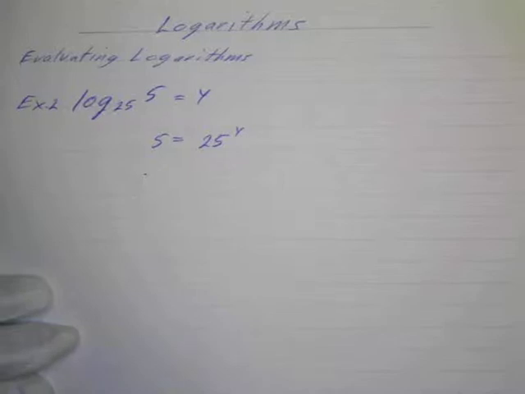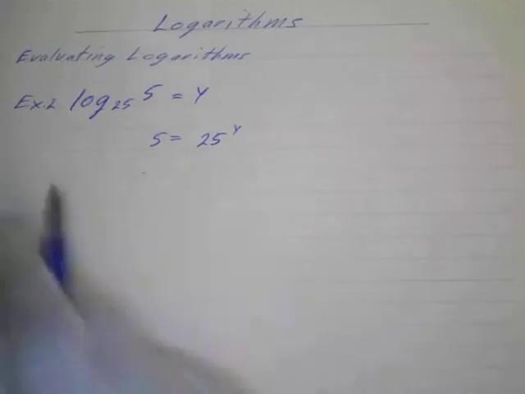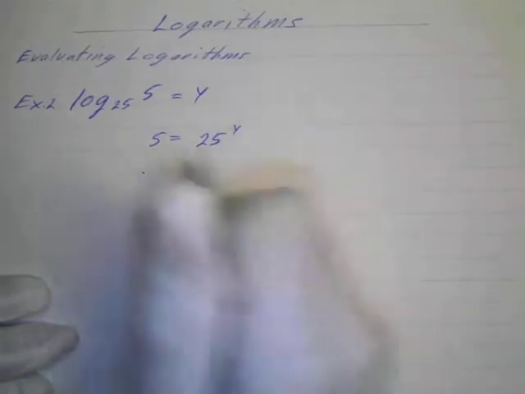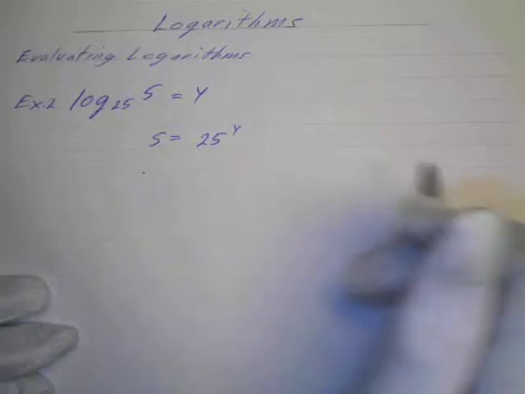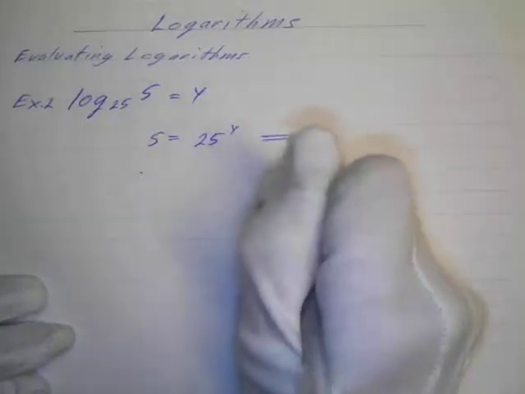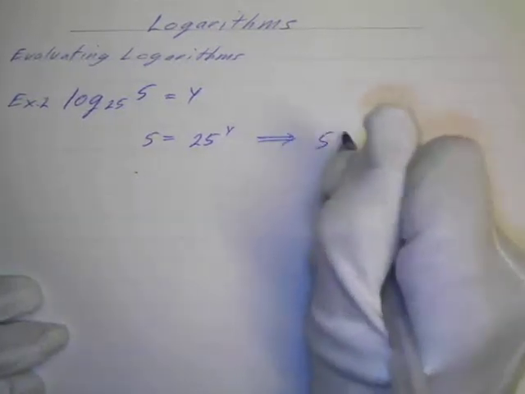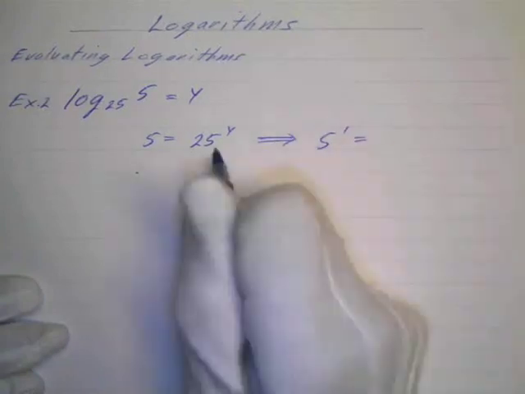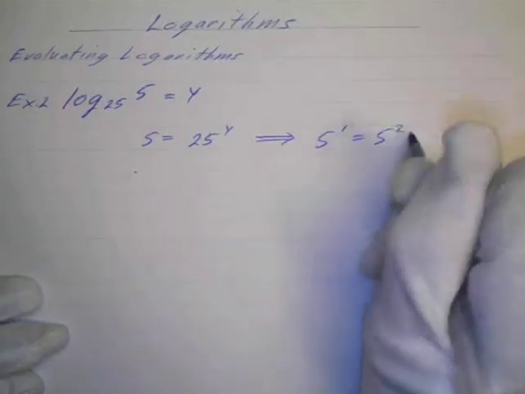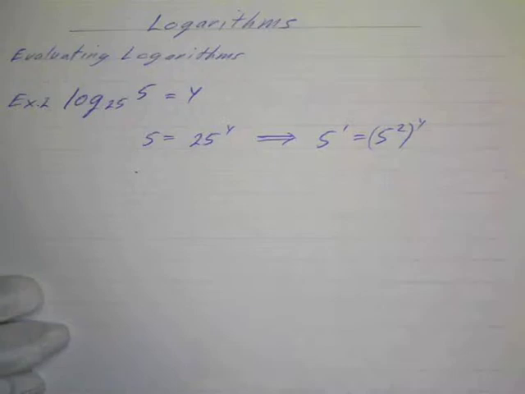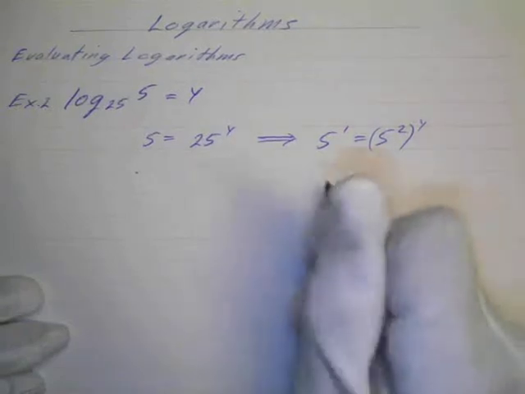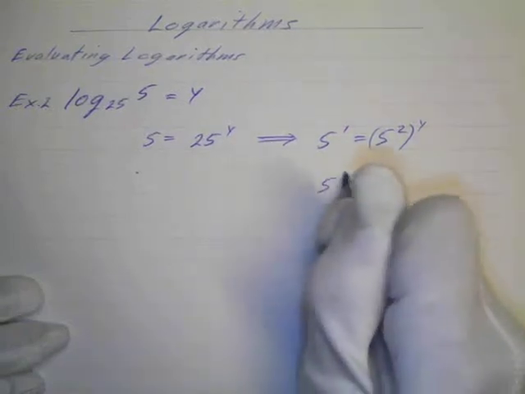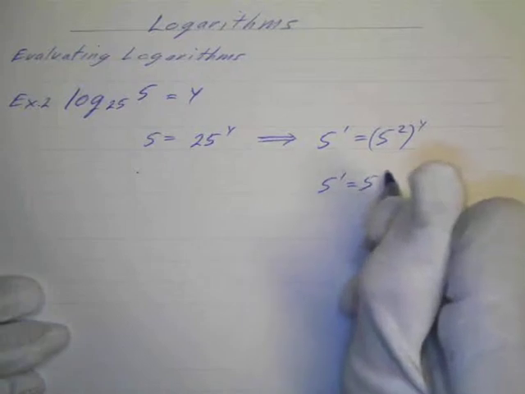And then we have a nice exponential equation, and we try to get everything to be the same base. So we'll say this is the same thing as 5 to the 1 equals, and 25 is 5 squared, to the y. And that's the same thing as saying 5 to the 1 equals 5 to the 2y.